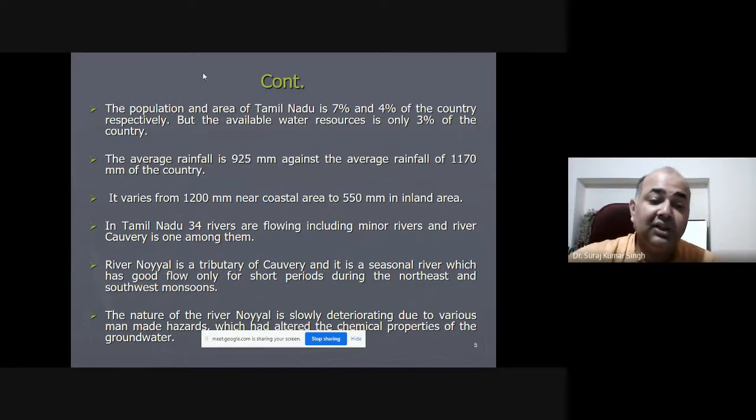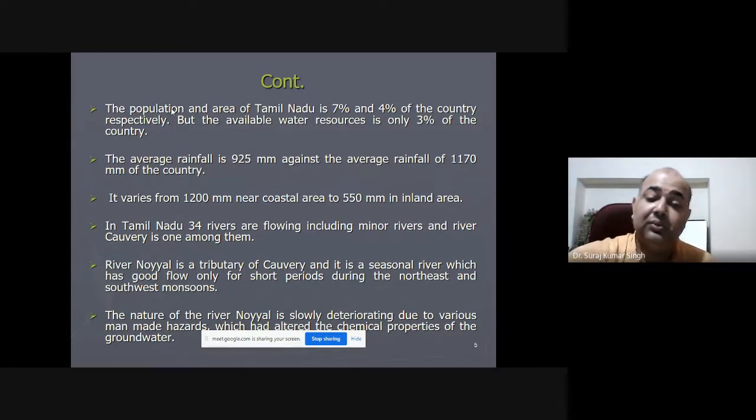It varies from 120 mm near the coastal areas to 5 mm in the inland areas. The state has both coastal areas as well as inland areas.